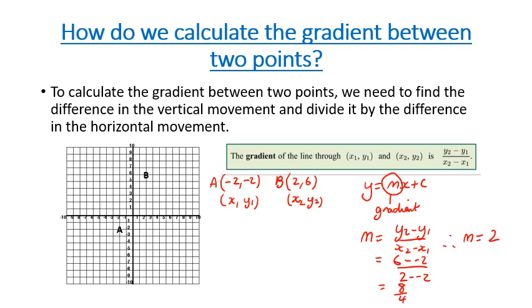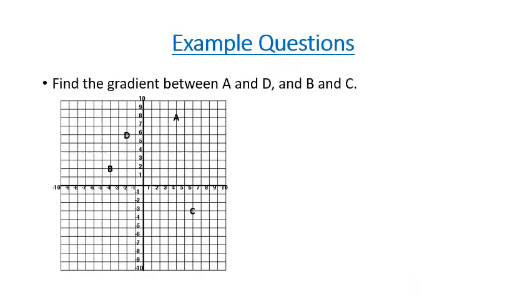Let's have a look at a few more example questions here. So we've got the slope of AD, and that's going to be equal to y2 take y1 over x2 take x1. We're also going to work out the slope of BC, and that's going to also equal y2 take y1 over x2 take x1.